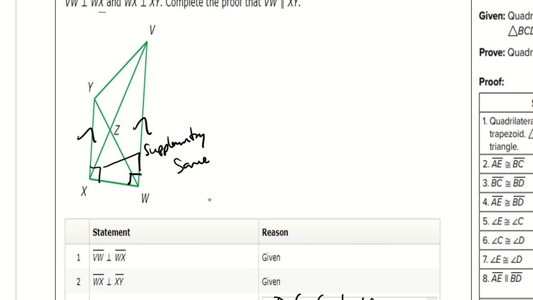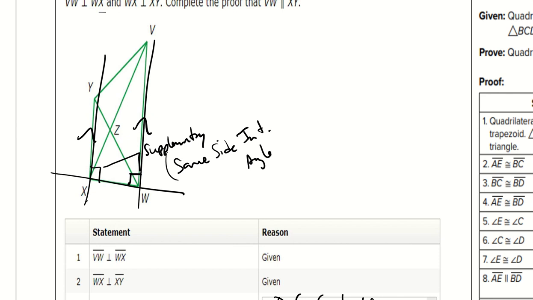If you think about it, this is my bread, toothpick. Those are same side interior angles. And so if the interior angles that are on the same side of the toothpick are supplementary, then that means that the lines are parallel.